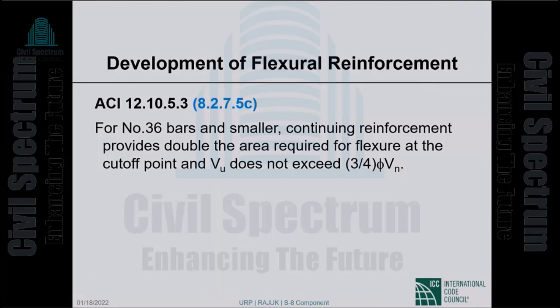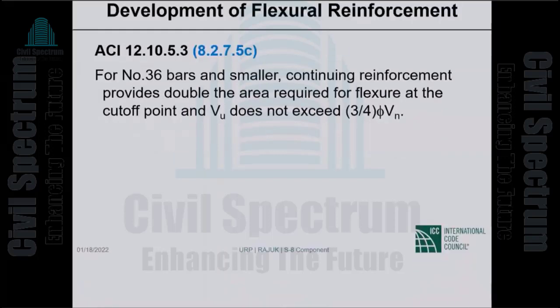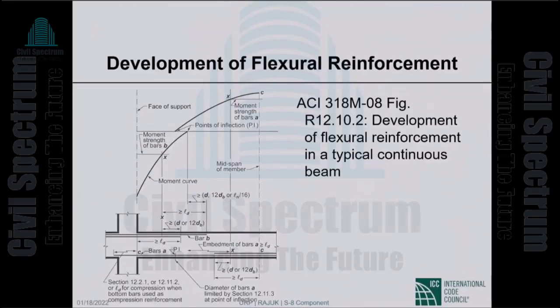Now we are requiring V sub u not to exceed 3/4 of phi V sub n, and in addition, we are placing a limitation on bar size and saying continuing reinforcement provides double the area required for flexure at the cutoff point. So the first of the three conditions is the simplest, and we typically go with that. It is the summary of what I'm trying to tell you.